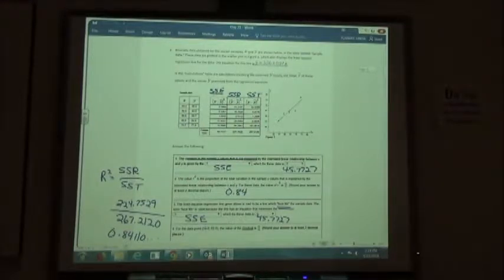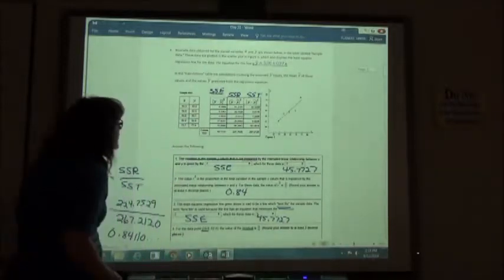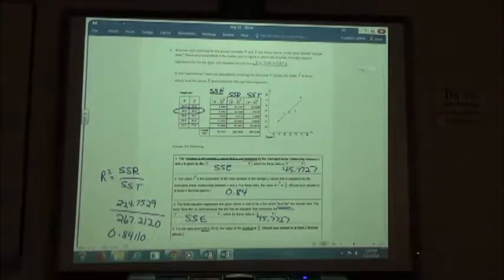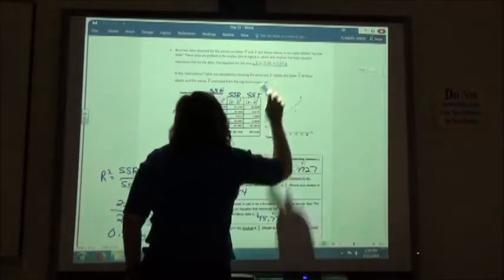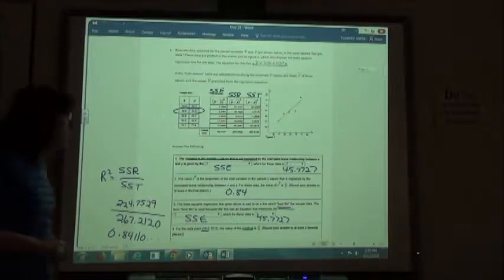And then the last one is the one where we did before. We had to find the value of the residual, kind of the distance between those 2 points from our actual dot and the point on our line. So we want to use the data point 59.0. First thing we're going to do then is figure out if we use our equation and put in 59.0, what do we get for our y hat value?